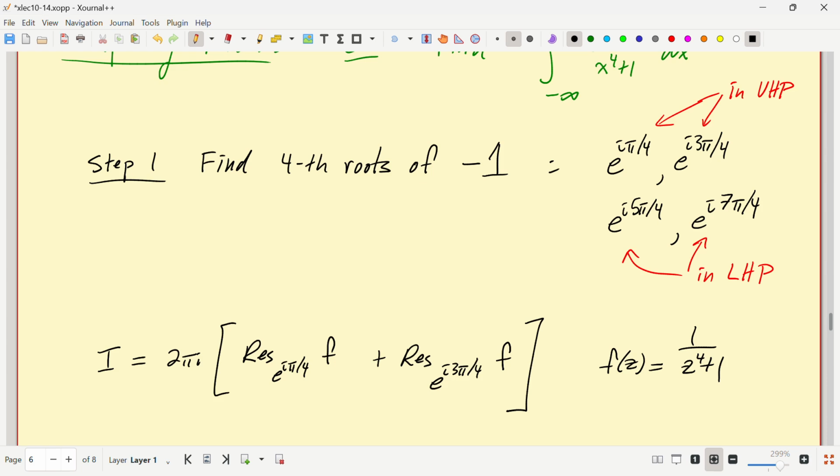Okay. And so let's think, if you just did this problem for the first time, let's call these roots R1, R2, R3, R4.